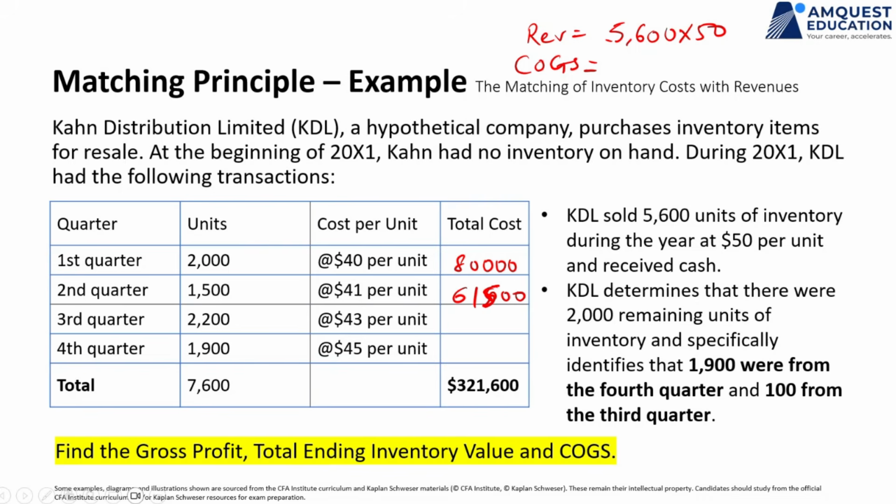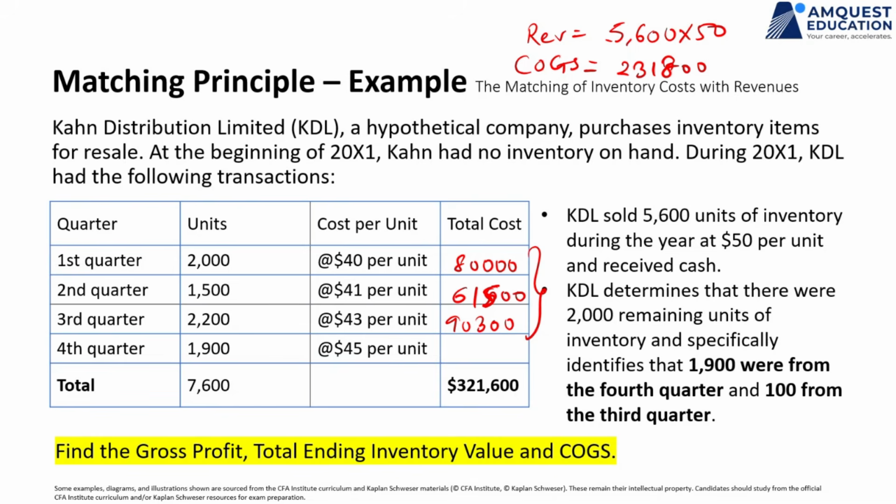It's 1,500 into 41. And then the last is 2,100 units into 43, that is 90,300. So this is my cost of goods sold. You will add all of them, and once I add all of them, 231,800 is my cost of goods sold.